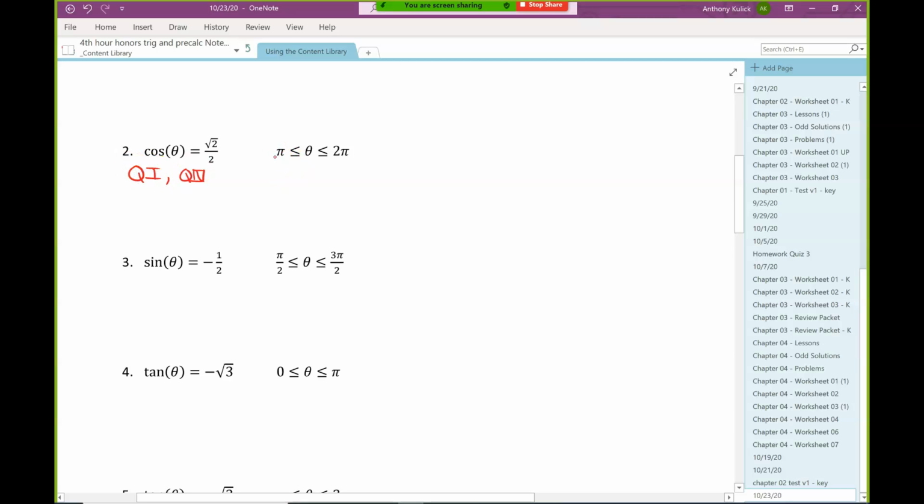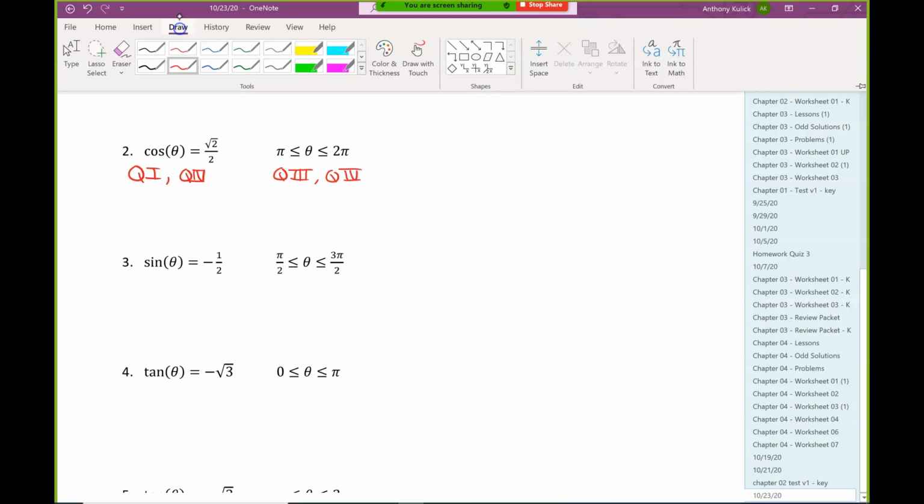The interval from pi to 2 pi covers what 2 quadrants? 3 and 4. So the quadrant where my answer is going to be is quadrant 4.